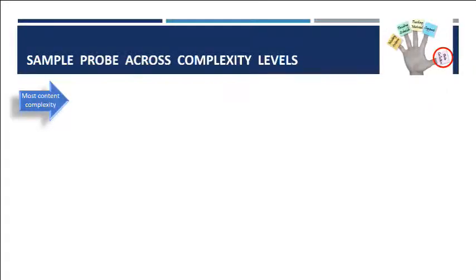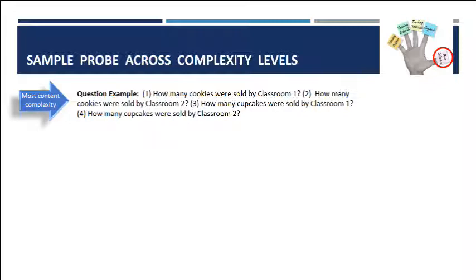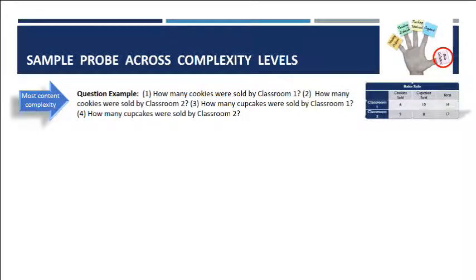So in math, here are some sample probes across the different levels that were on our essentialized example. We had a data chart that the student was using and answering questions in relation to. They could be written questions or verbally given questions, depending on how your students take information in and how they show what they know.